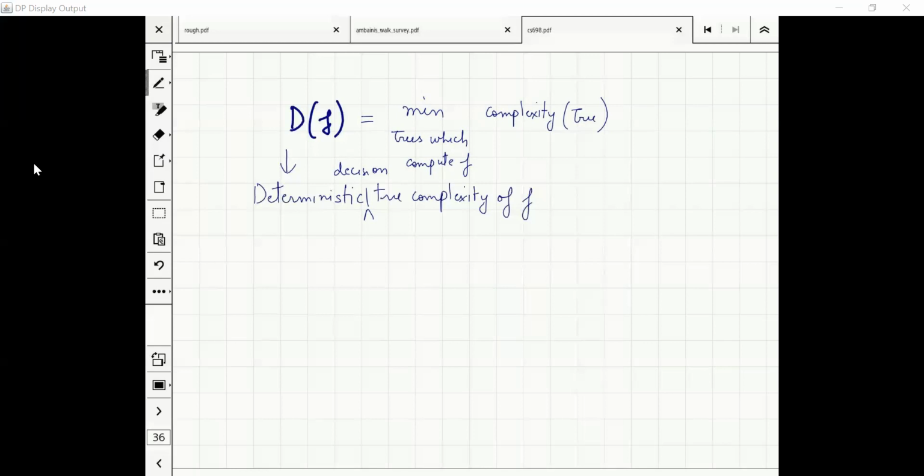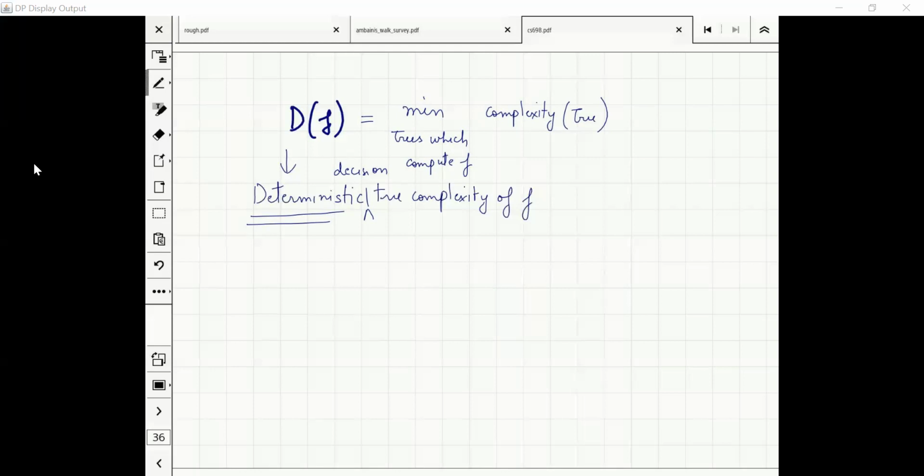This word deterministic might be confusing to you at this point, but don't worry, we will extend this model and you will be pretty clear why we are calling it deterministic. One simple way to think about it is that in this case, our definition that trees compute f is very strict.